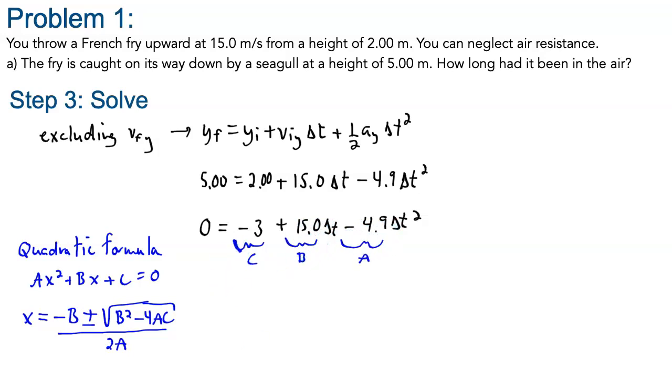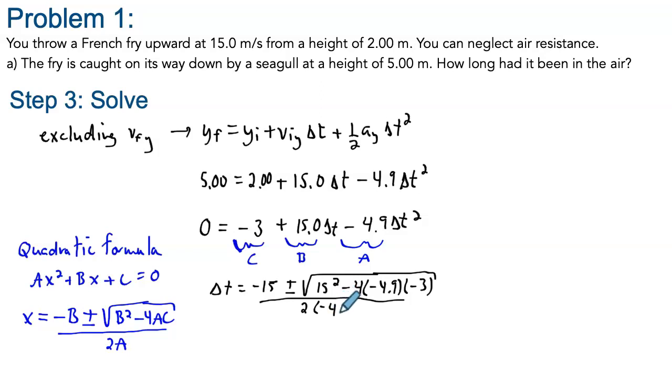So we can rewrite the equation just using these. So we have that delta t is equal to minus 15 plus or minus square root of 15 squared minus 4 times minus 4.9, which is the a, times minus 3, which is the c. And all of that will be divided by 2 times a, so 2 times minus 4.9.